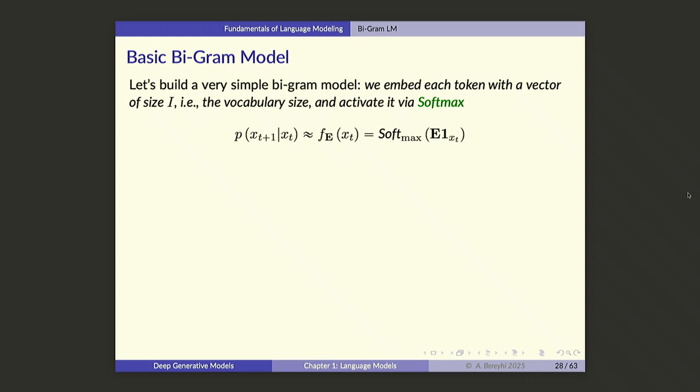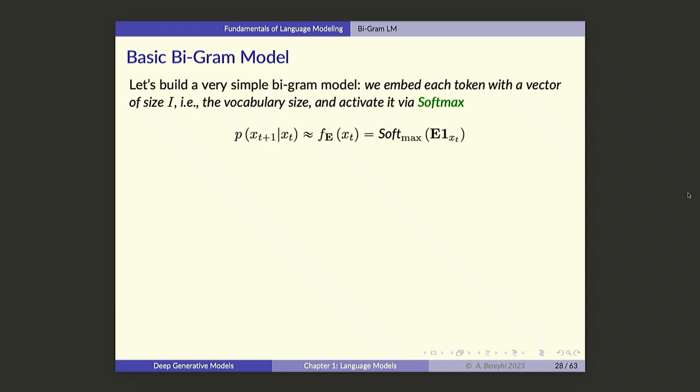If you have 10 tokens inside your vocabulary, then the size of every single embedding is 10. And I'm going to pass that vector of size 10 through one softmax. What's going to be at the output of the softmax? It's a probability distribution. What is the dimension of that probability distribution? 10. And I'm going to treat it as the probability of the next word.